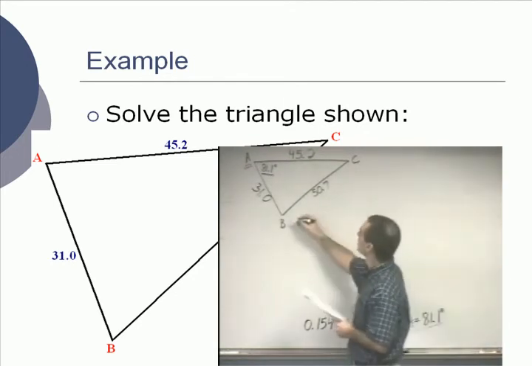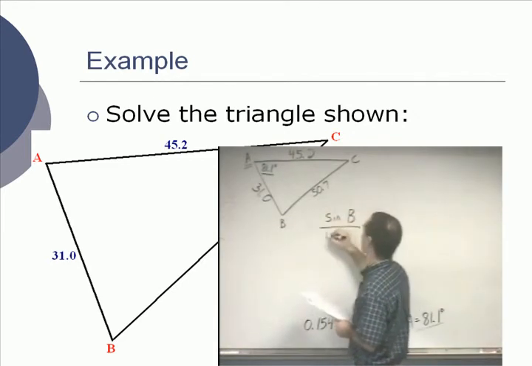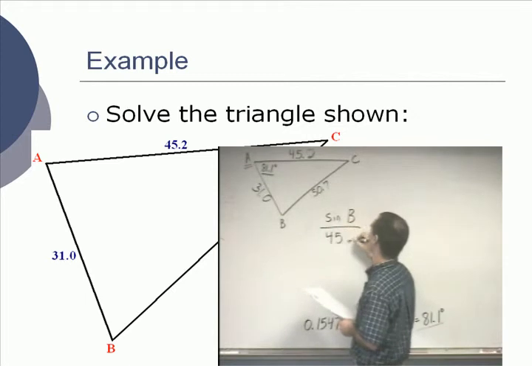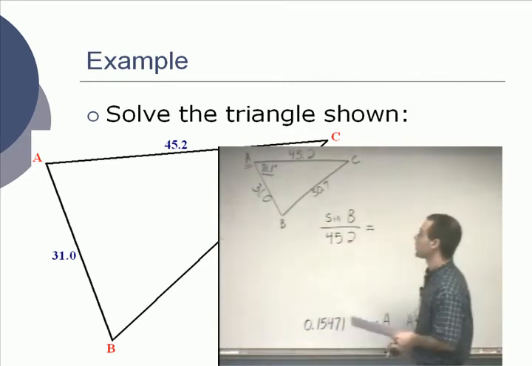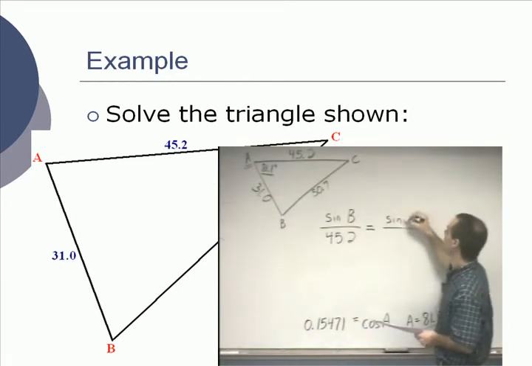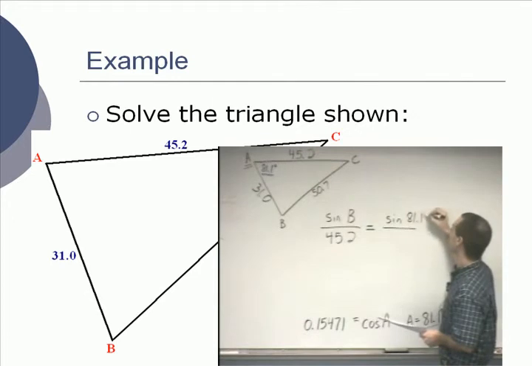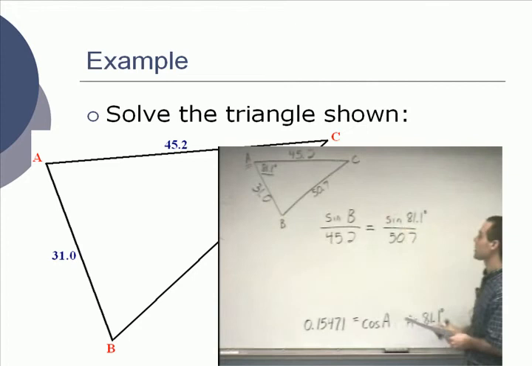We know that the sine of B over 45.2 has got to be equal to, we don't have any choice, what's this got to be equal to? That's right, sine of 81.1 degrees over 50.7. That's the only angle and opposite side that we know.